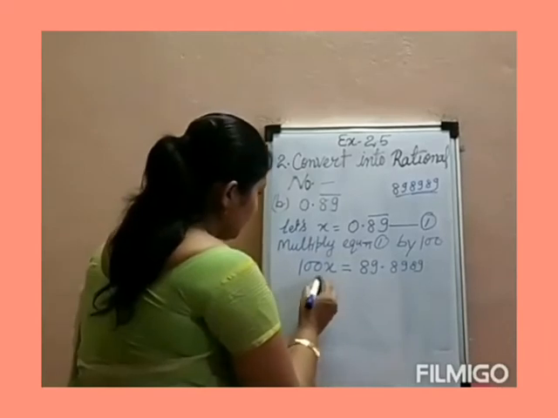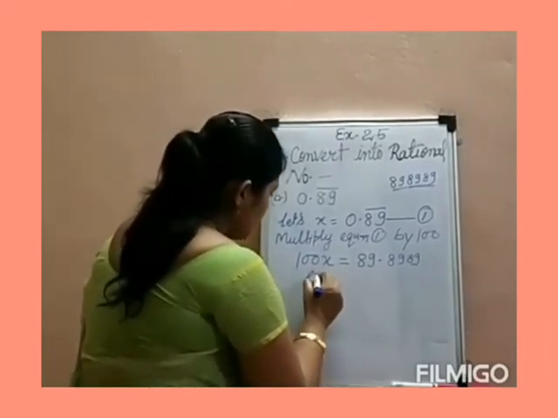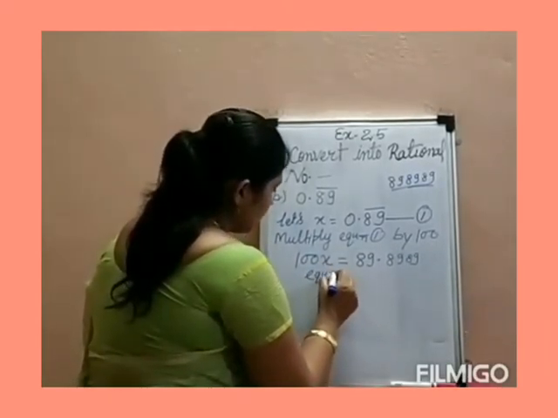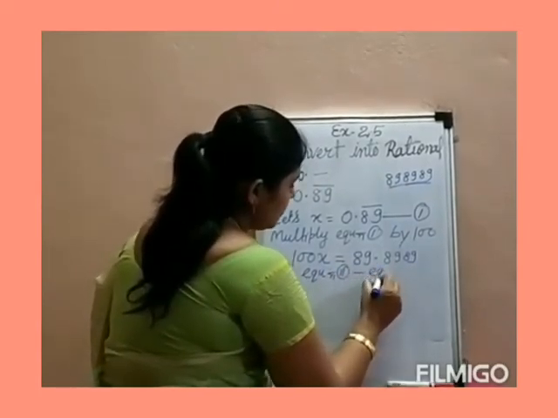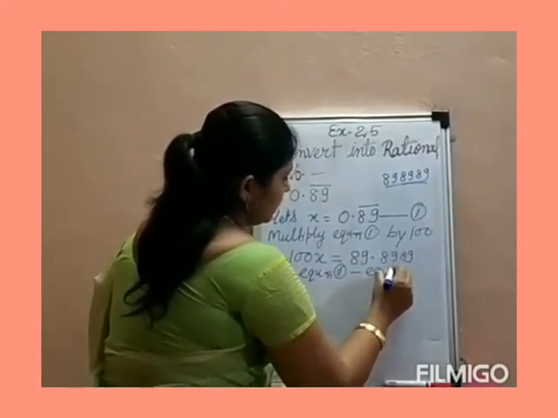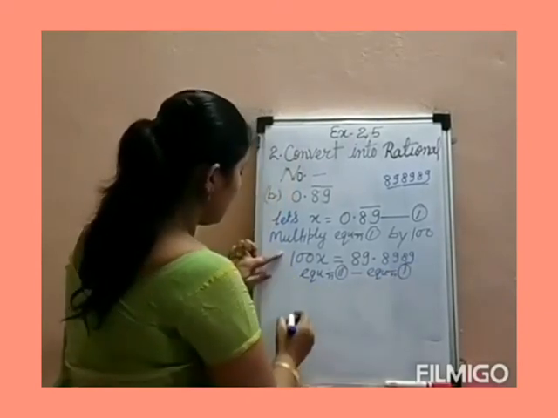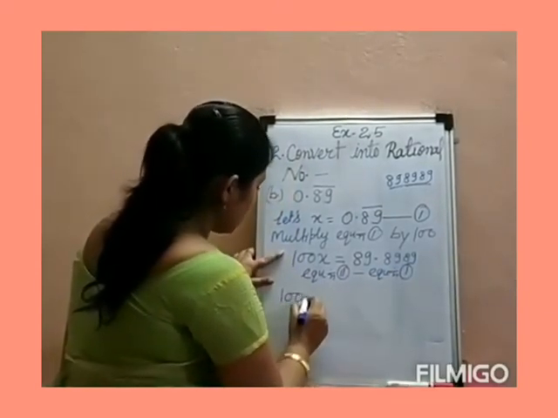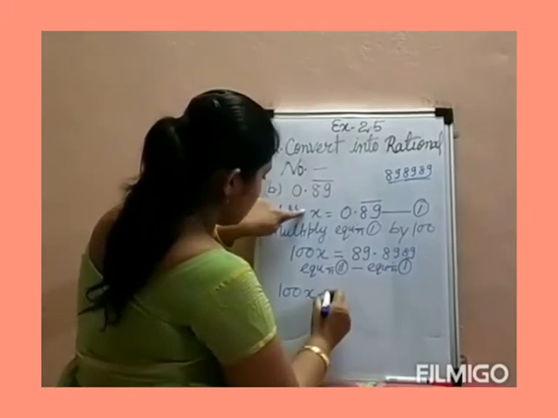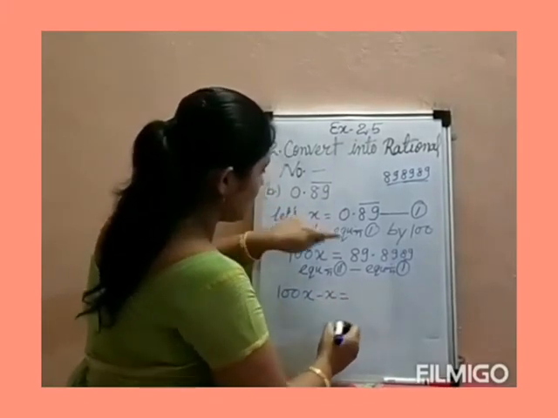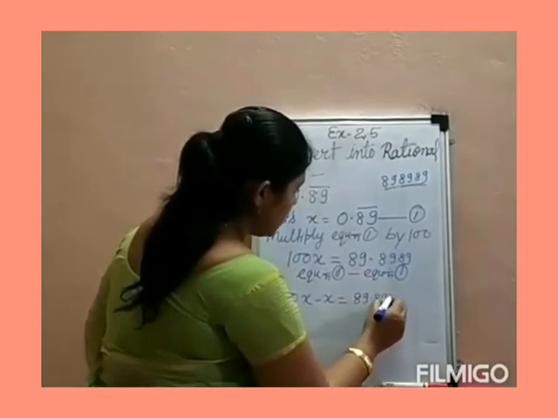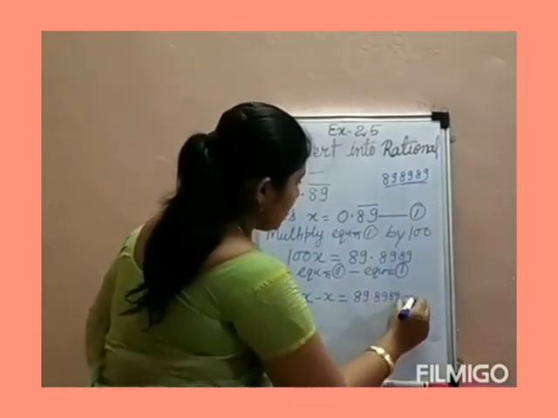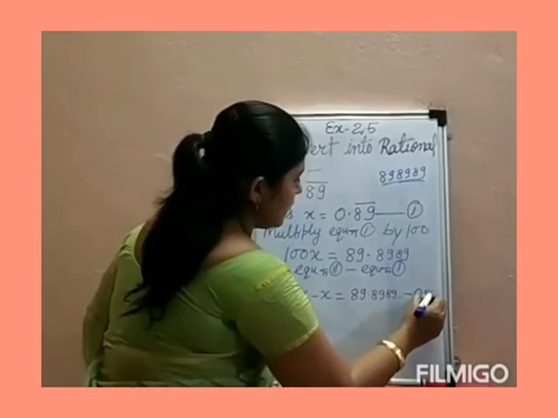Now, equation 2 minus equation 1. Equation 2 is 100x minus x is equals to 89.8989 minus 0.8989.